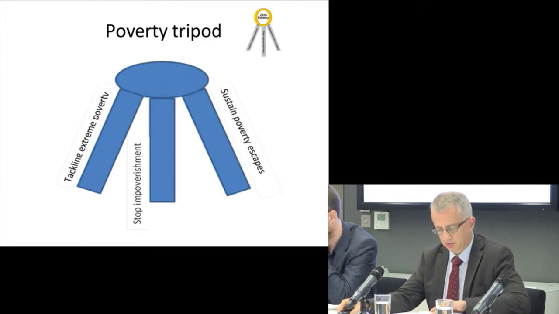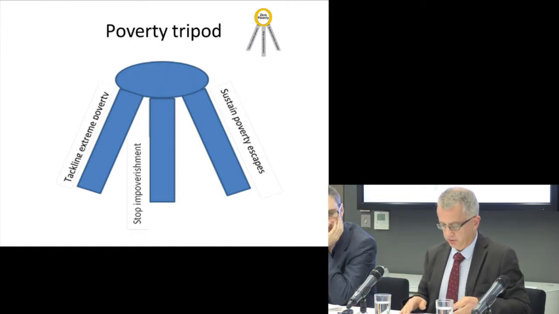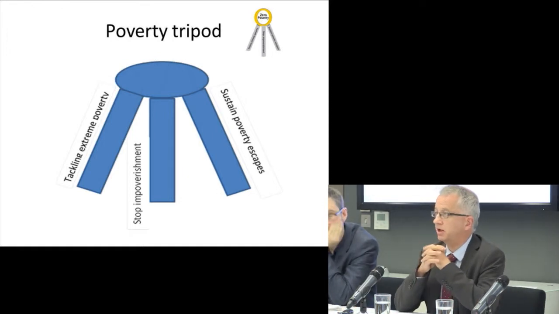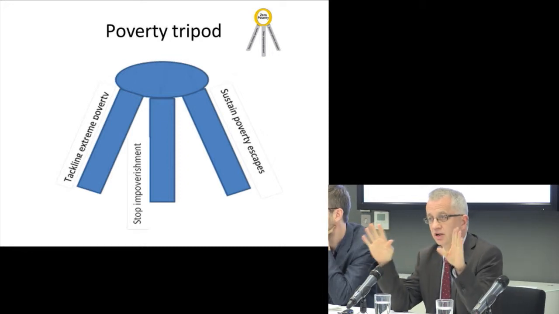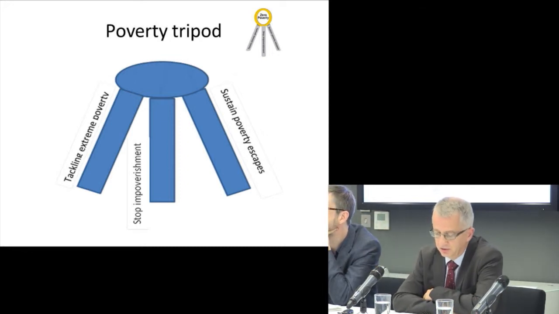So I borrowed shamelessly from the Chronic Poverty Report. Here's my pirate copy. I made a pirate copy of this tripod just to show that I borrowed it. So the three legs here are tackling extreme poverty, stop impoverishment, and sustain poverty escapes.